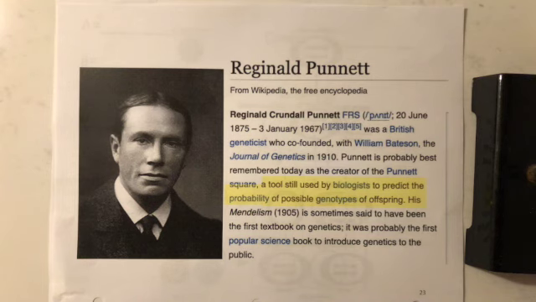Punnett is probably best remembered today as the creator of the Punnett square, a tool that is still used by biologists to predict the probability of possible genotypes of offspring.